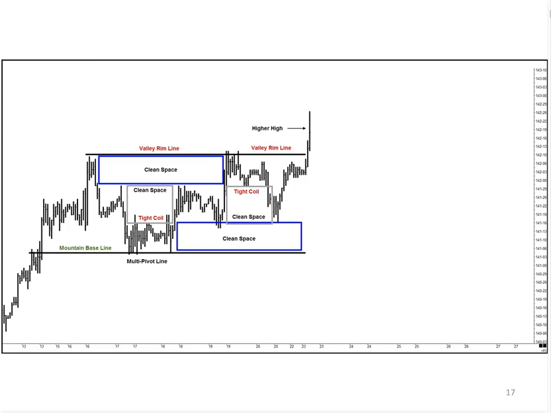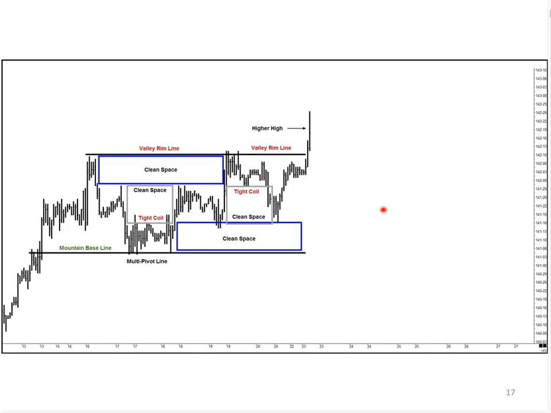How about this? My gosh, nice tight clean space below. Nice tight coil up above. Clean space below the coil. Does this mean anything to any of you? There's a word for this. And believe me, you very seldom see it that pretty.